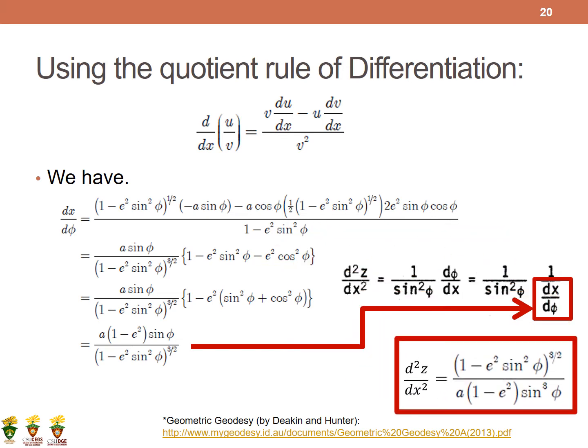So we can now have d squared z over dx squared equal to 1 minus e squared sine squared theta raised to the power of 3 halves, all over 1 times 1 minus e squared times sine cubed theta. So we have this value for the second derivative of z over x.